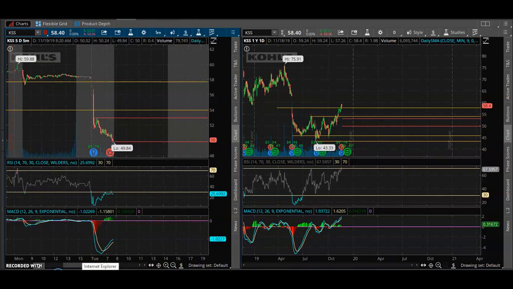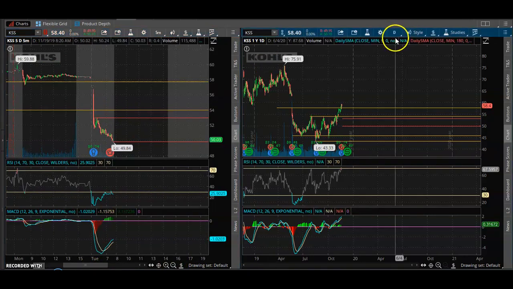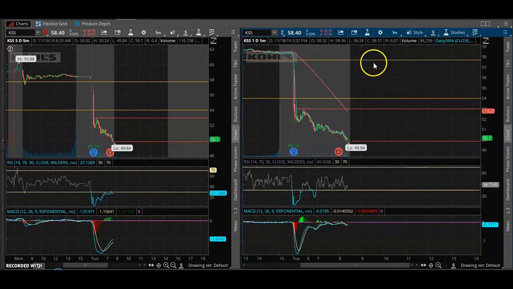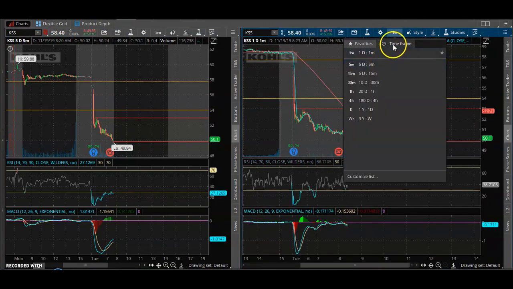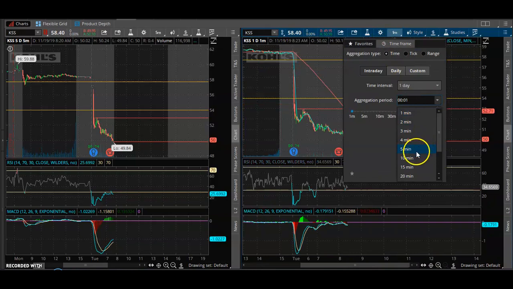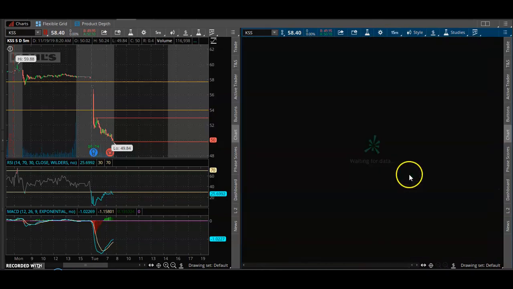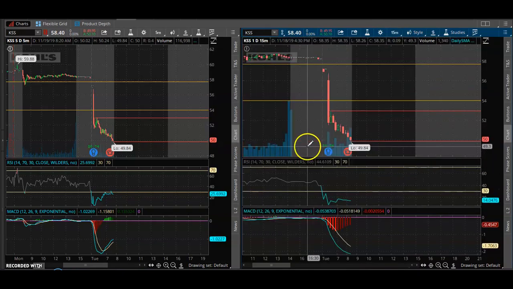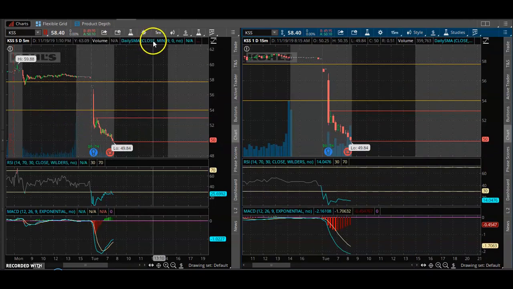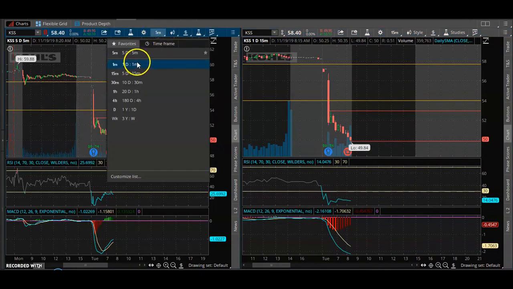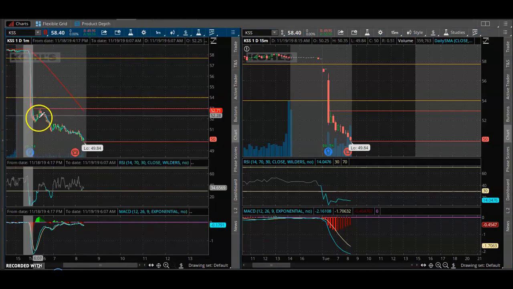Okay, if that helps, it makes any sense. So then I go intraday, right? Because the market's about to open. Here it is. And I use my 1 day, 1 minute chart for entry and exits.